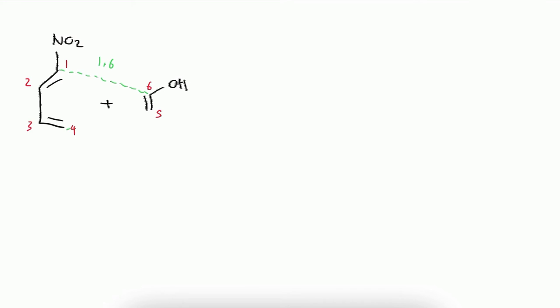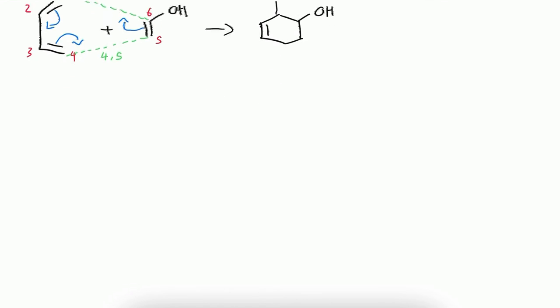And we have a new bond forming between 4 and 5. And the reaction mechanism shows this. So this bond forms our double bond here. This one forms the bond between 4 and 5, and this one forms the bond between 1 and 6. We had an NO2 on number 1, and an OH on number 6. Just like that. Let's do another one.